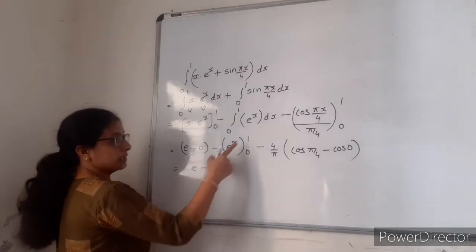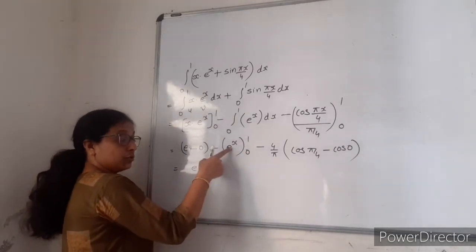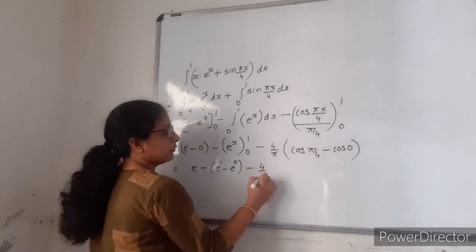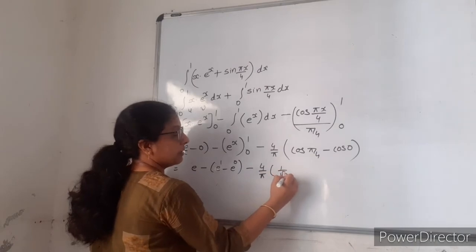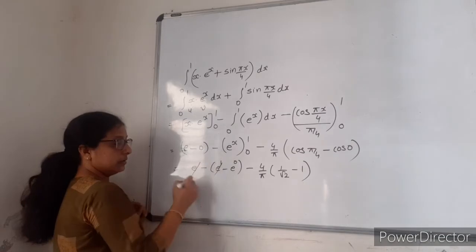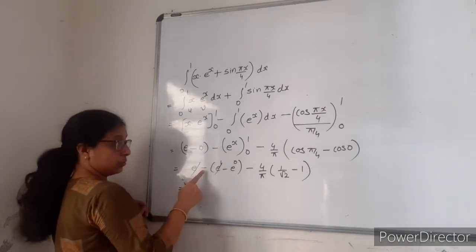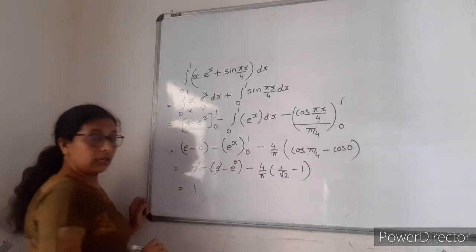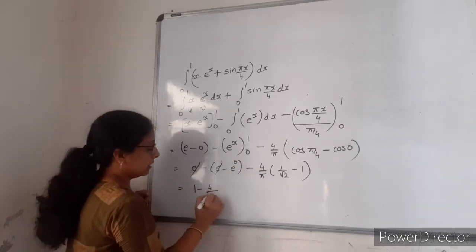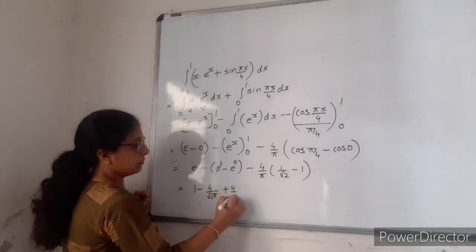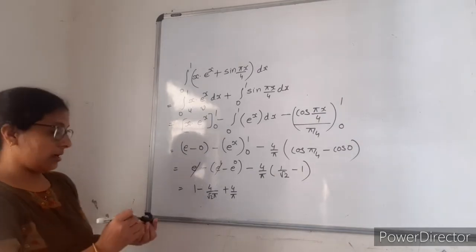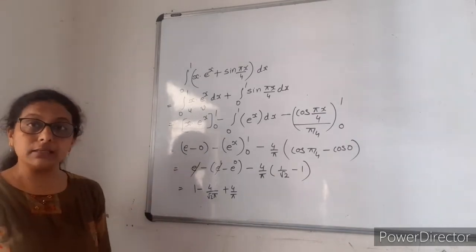So e raised to 1 minus e raised to 0, minus 4 upon pi, cos pi by 4 is 1 by root 2, cos 0 is 1. The e's cancel, e raised to 0 is 1. So minus minus plus 1, minus 4 by root 2 pi, plus 4 by pi. Or you can write the same thing here. That is the answer now. No need to simplify anything.